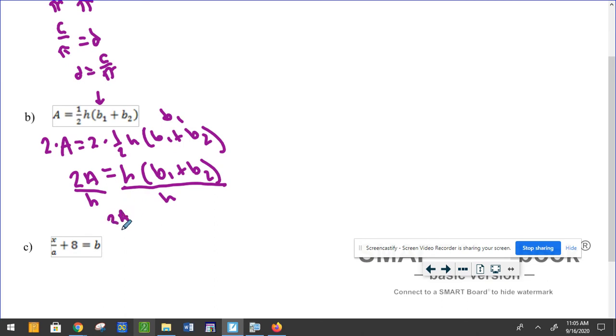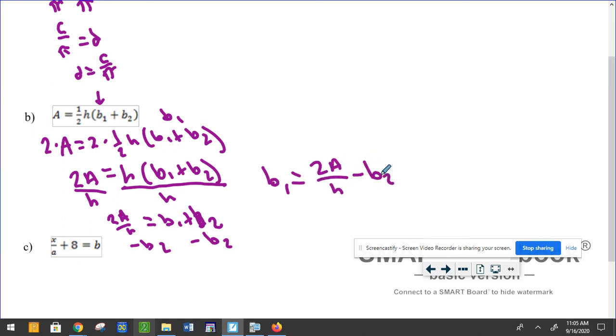Now you have 2a divided by h is equal to b1 plus b2. So I have b1 being added by b2, so we're going to subtract b2 from both sides. And then b1 is equal to 2a divided by h minus b2. All right, so again, just trying to isolate the b1.